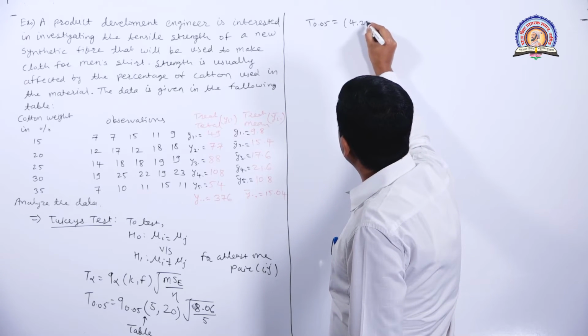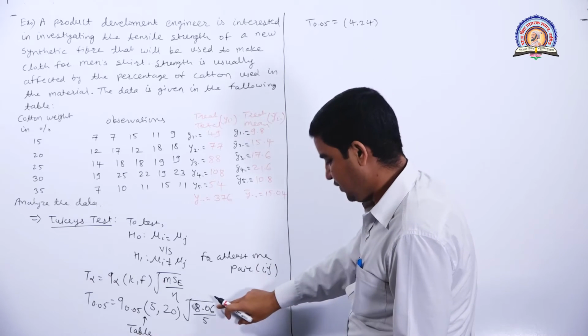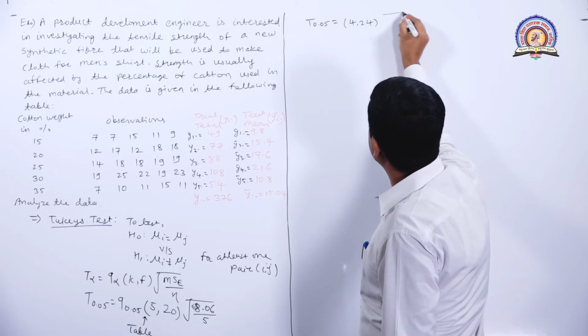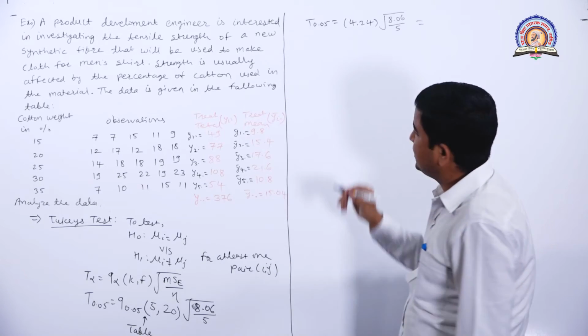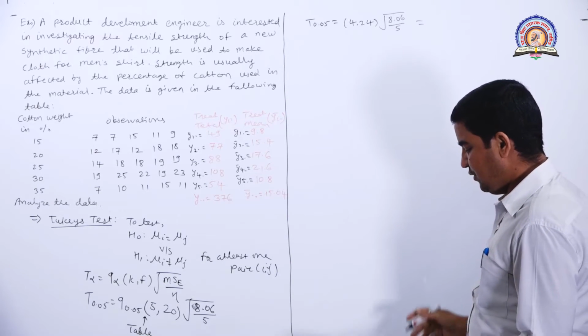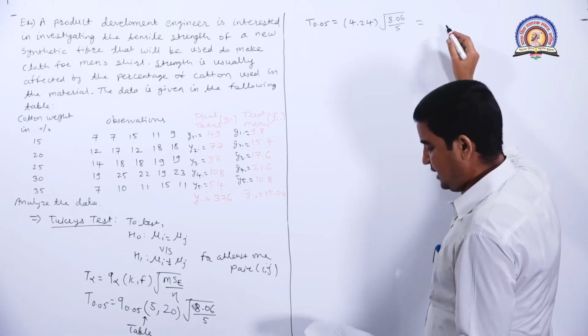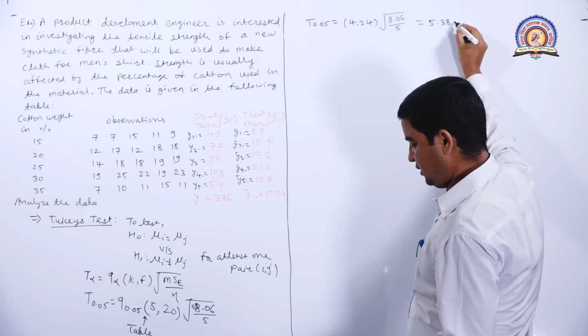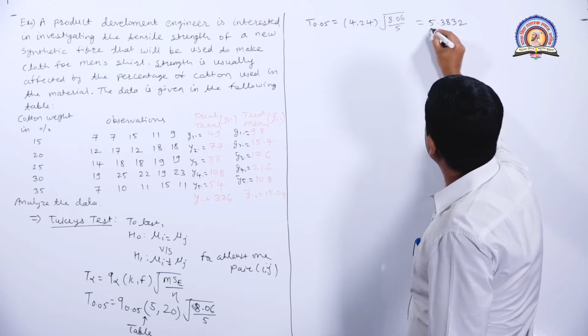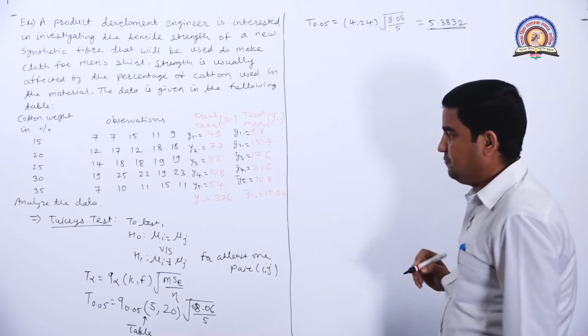So 4.24 into root of 8.06 divided by 5. After solving using a calculator, you will get the value of T 0.05 as 5.3832. So this is your T alpha.